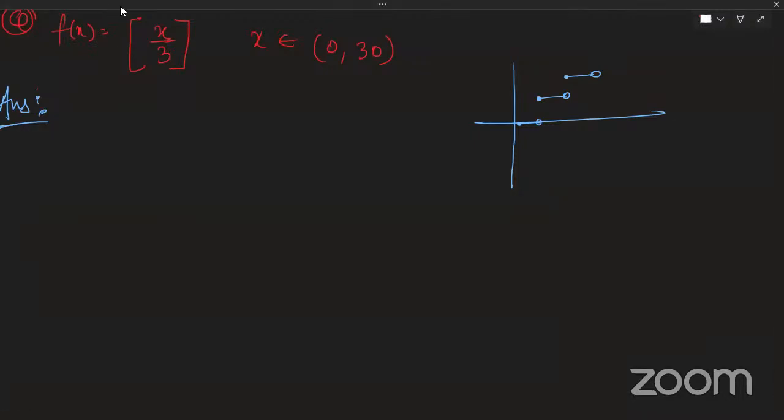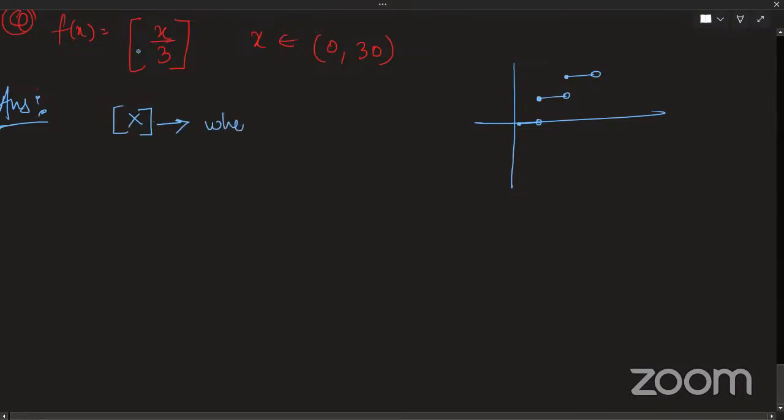So over here, the only issue is that instead of x, you have got x by 3. So if the fractional part of x is discontinuous when x is an integer, then the fractional part of x by 3 will be discontinuous when x by 3 is an integer. Really simple, right? Yes, sir.